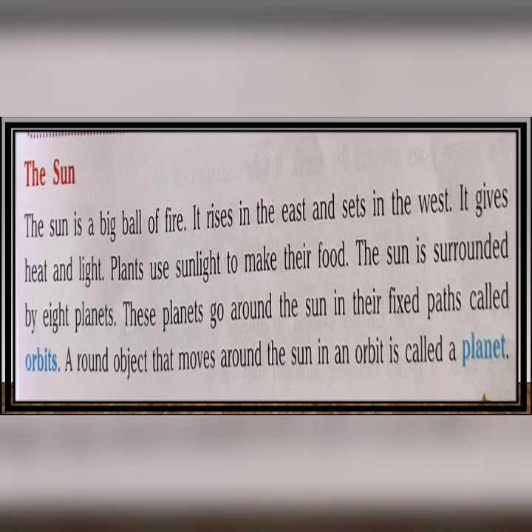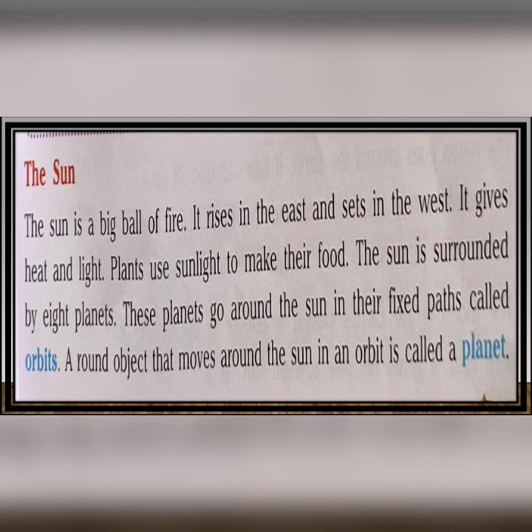What is it and why is it important to us? The sun is a big ball of fire. So, it gives us light and heat. It rises in the east and sets in the west.